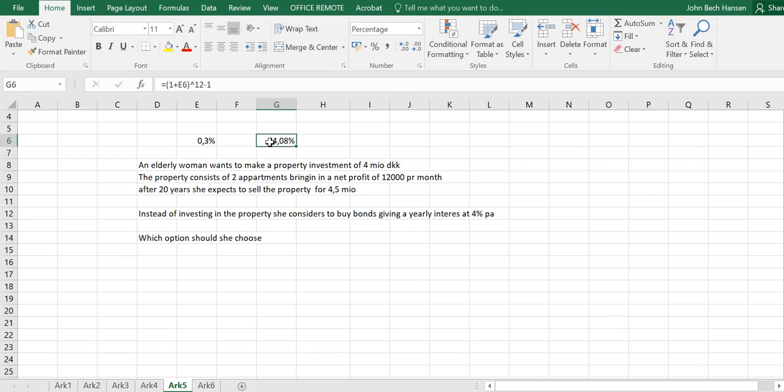So this is how you calculate the internal rate of return of an investment, and you can compare that with what we talked about in financial analysis of financial reports with return on assets. Thank you very much.